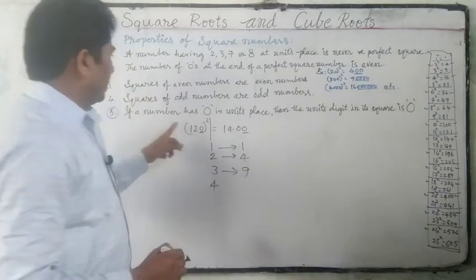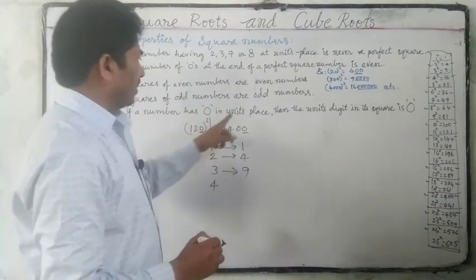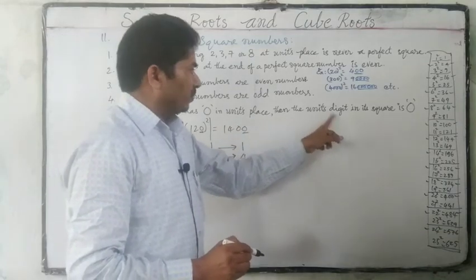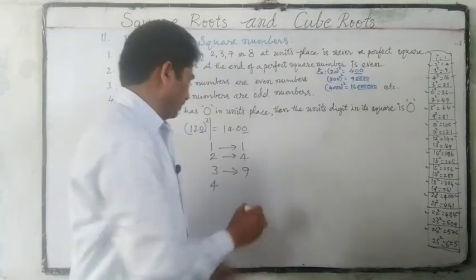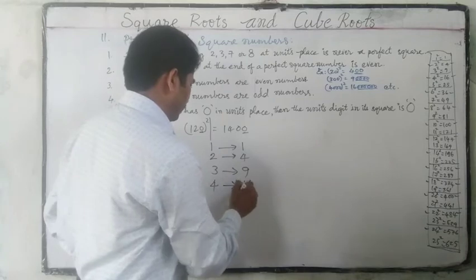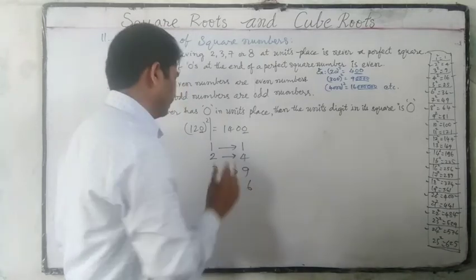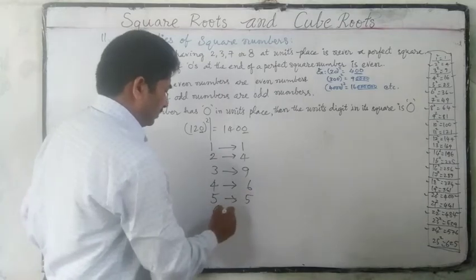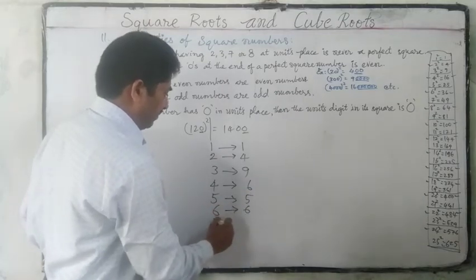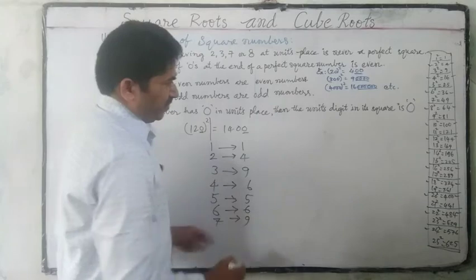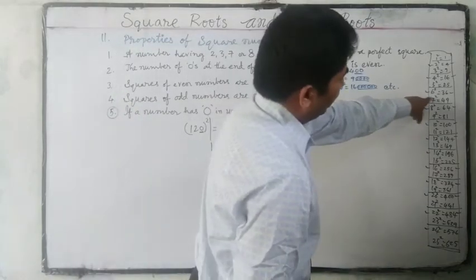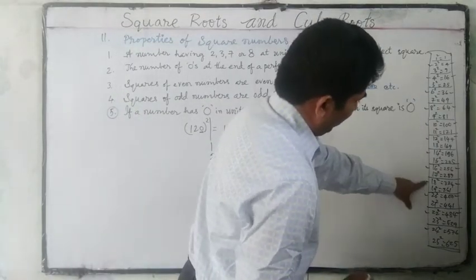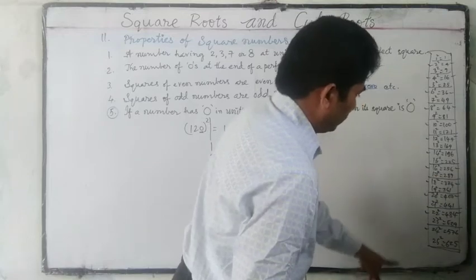If a number has 4 in units place, then the units digit in its square is 6. So 4 squared is 16, which means 6. 5, 5s are 25, 6, 6s are 36, always 6. 7 squared is 49, 9; 17 squared ends in 9.